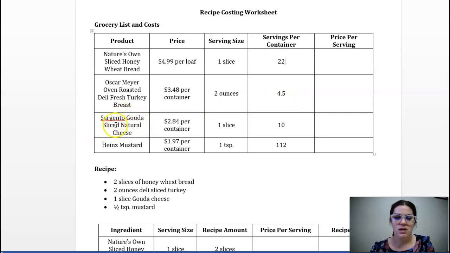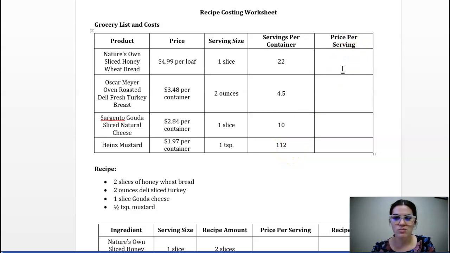We have some sliced Gouda, which was $2.84 per container. The serving size is 1 slice, and there are about 10 slices or servings. And then finally, we have this Heinz mustard, which is $1.97 for the whole bottle. The serving size that's listed on the bottle is a teaspoon, and there are about 112 teaspoons in that bottle.